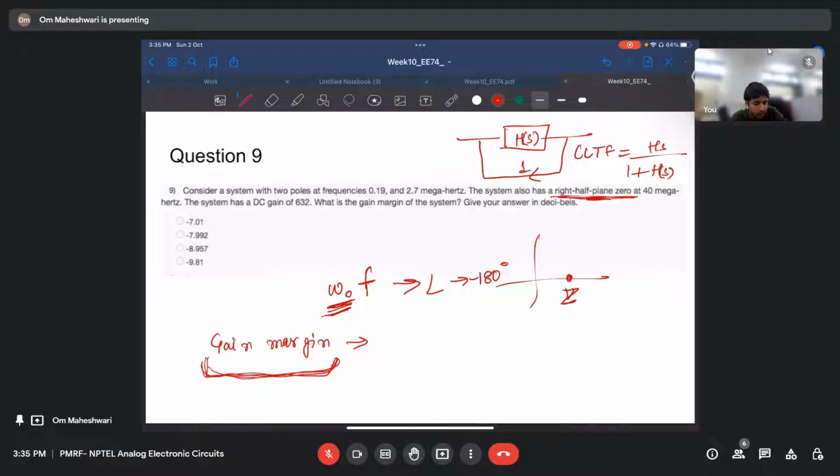If H(s) equals minus 1, that is, at angle 180 degrees, then the CLTF will become infinity. That is, it is unstable. So we have to find how far we are from this unstable condition. That gives us the gain margin.